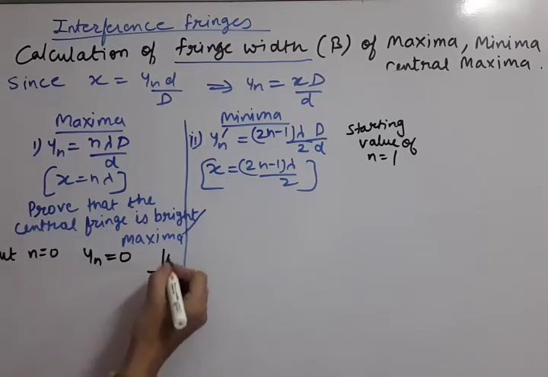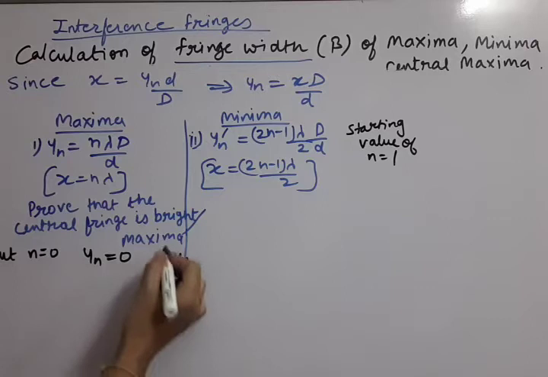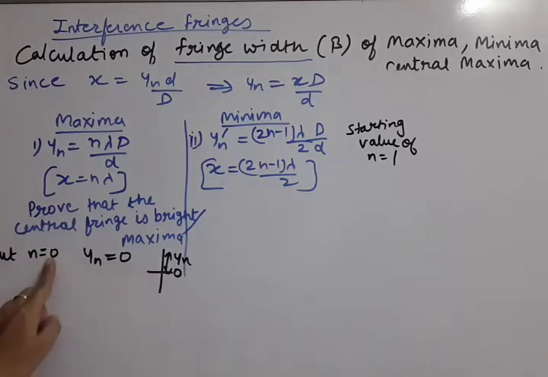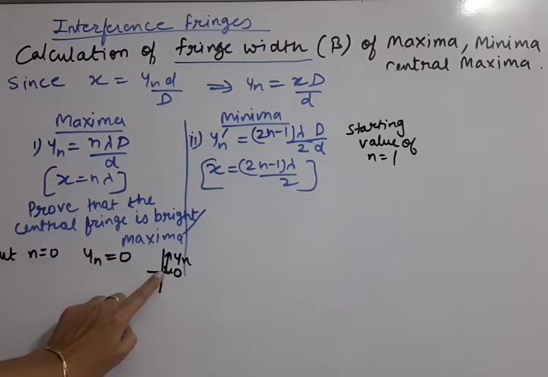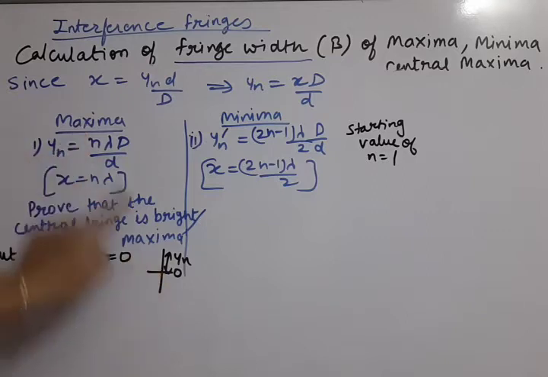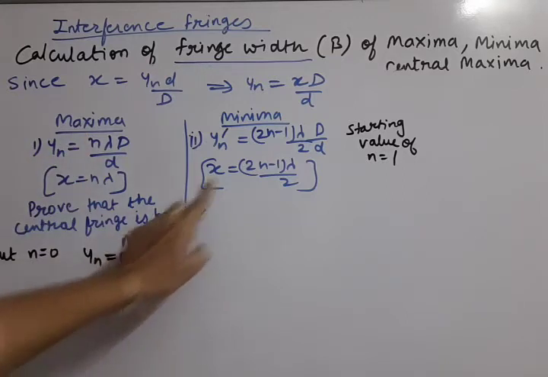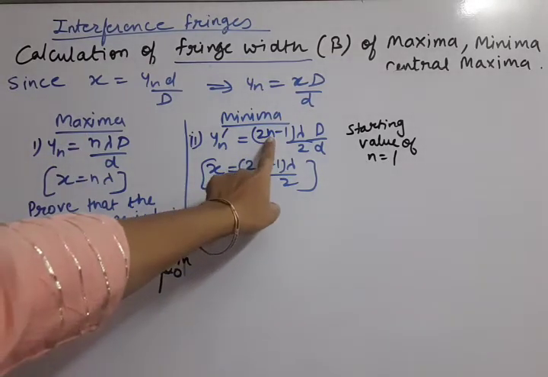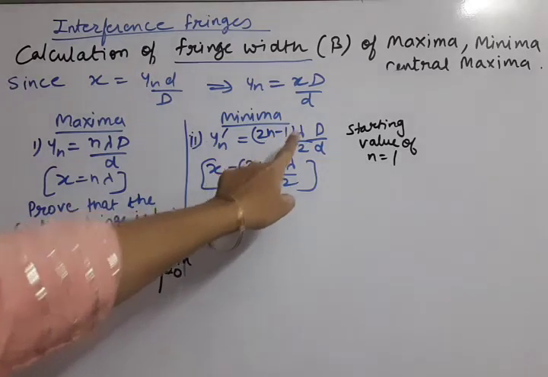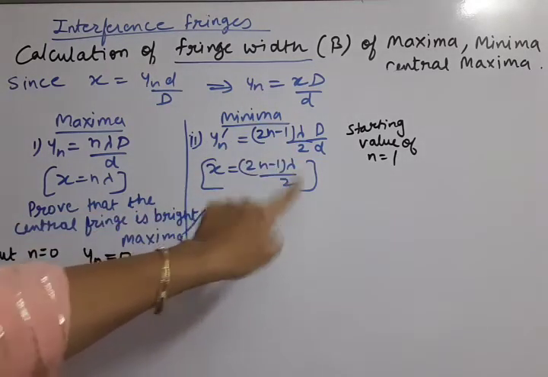So yn means the distance of any fringe from the center of the screen. So what is coming here? If n equal to 0 is substituted, then yn equal to 0 comes. So yes, that means we are at the center of the screen, and at the center of the screen we are getting maxima. Now, if I put n equal to 0 or 1 in the minima formula, then I will not get y equal to 0 in this case.